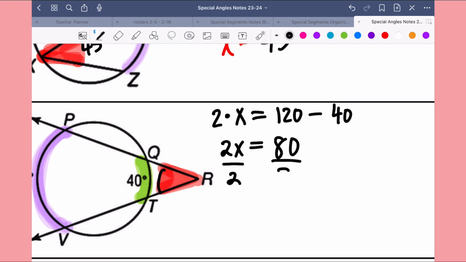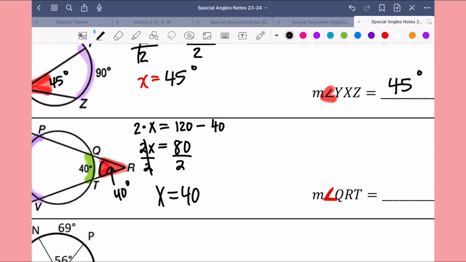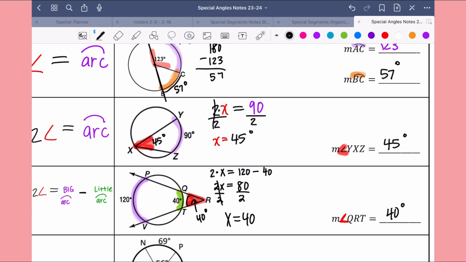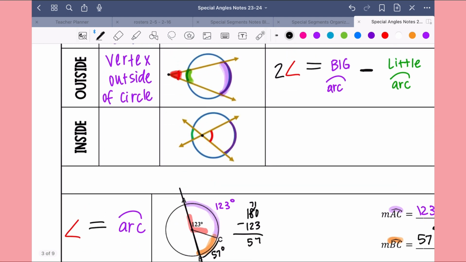Divided by 2, cancel the 2's. Half of 80 is 40. So this is 40 degrees. Sorry, I blanked out. That is when your vertex is outside of the circle.